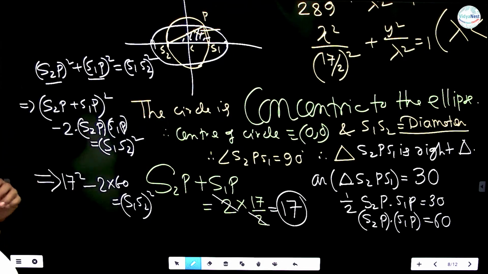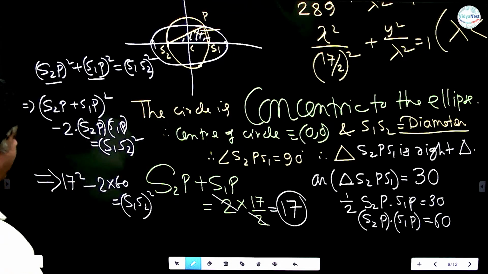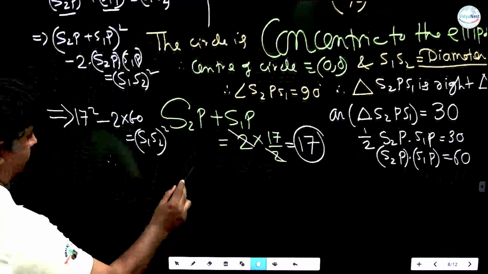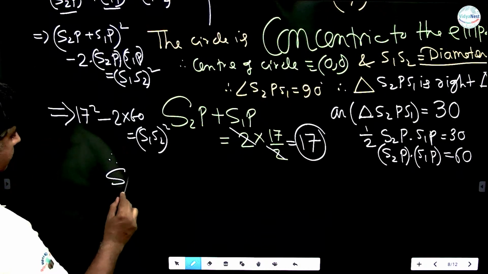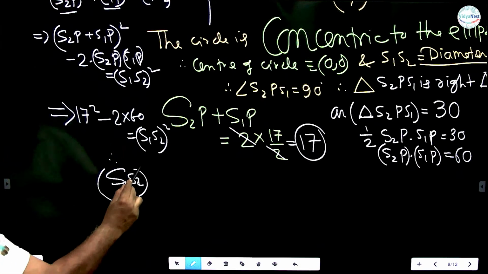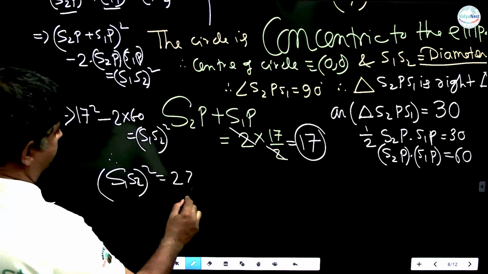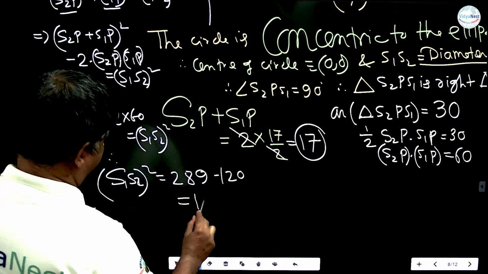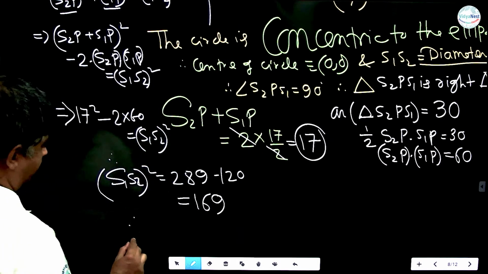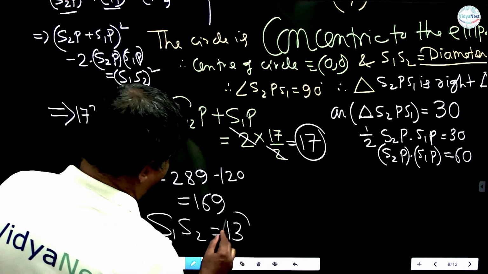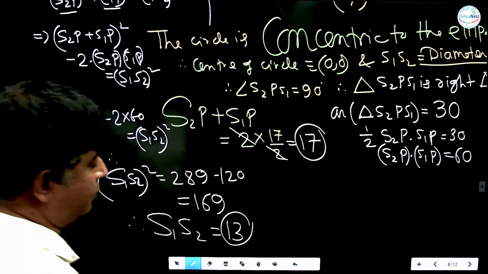Now 17 square is 289. S1 S2 is 13. Understood?